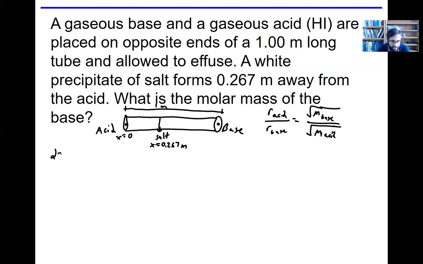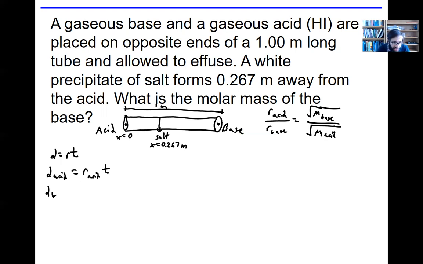Well, we have to know that distance is speed or rate times time. And so we can write this for the acid and the base. The distance that the acid travels is equal to the rate that the acid is going at times the time of the experiment. Now, the time of the experiment is how long it takes to make that salt precipitate.